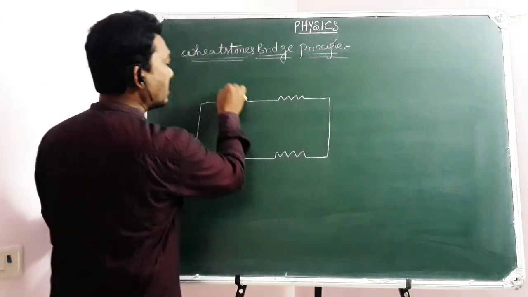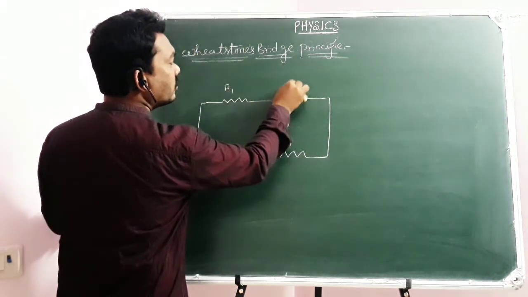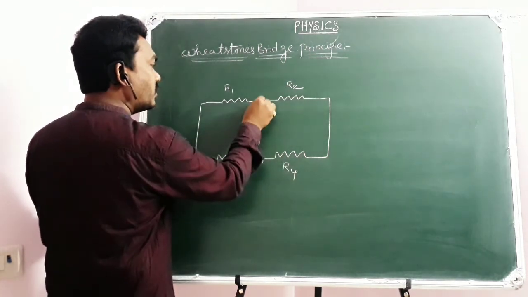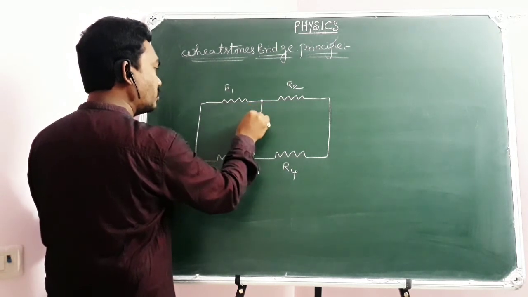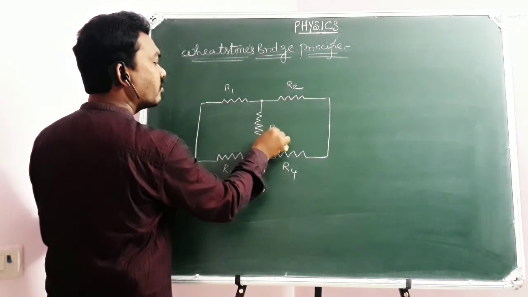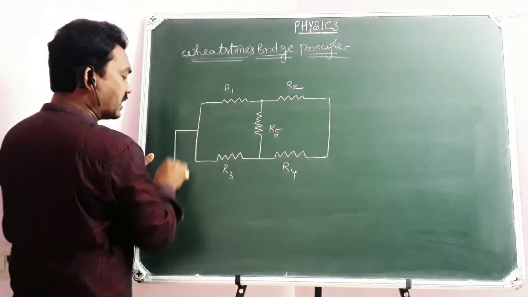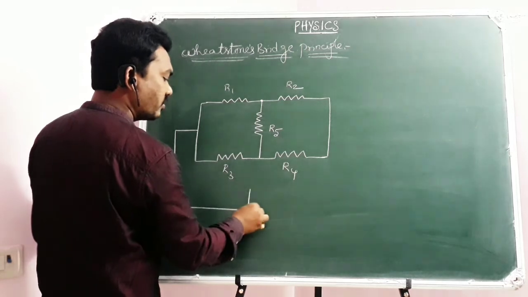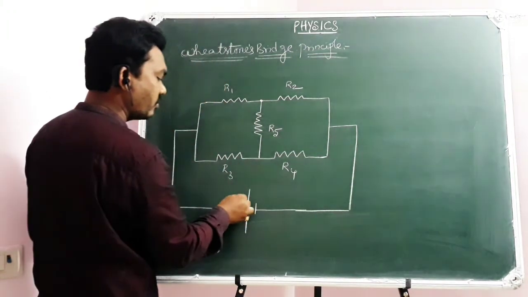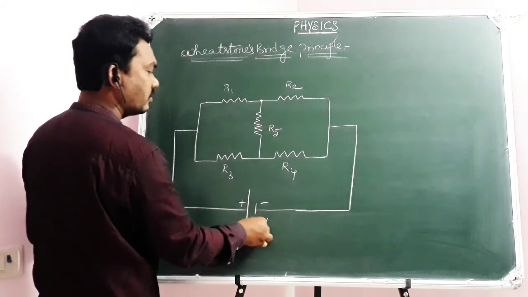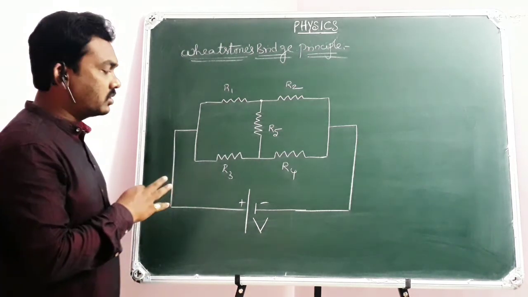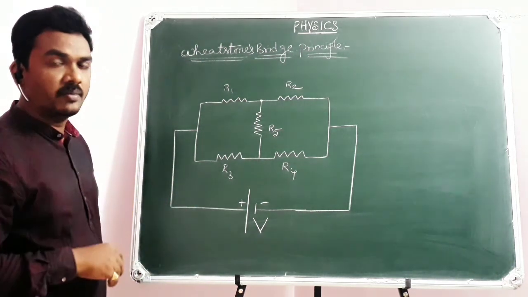Here are four resistors R1, R2, R3, R4, and a fifth resistor is included in the closed circuit, which is R5, and the cell is connected in this way. Here it is. So there are 5 resistors in a closed circuit connected across a cell or battery whose voltage is V.